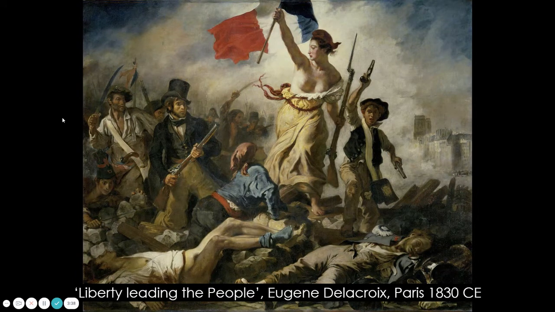So this famous painting, Liberty Leading the People, represents our big idea that classical liberalism is about the people moving forward together and claiming their freedoms.